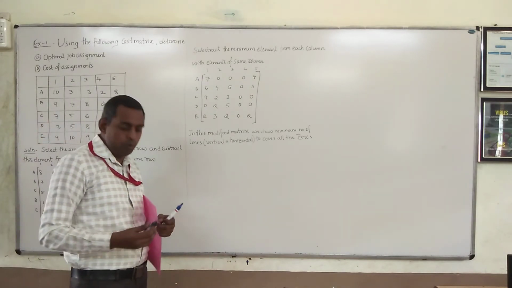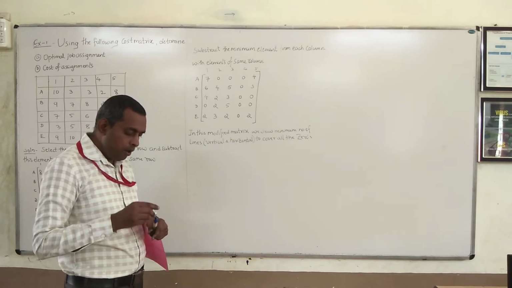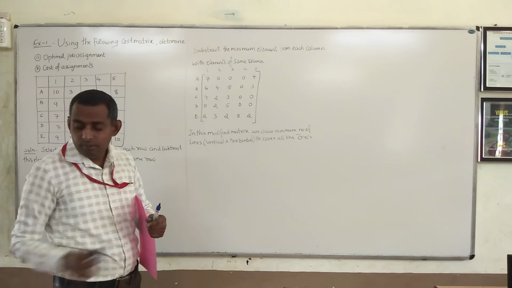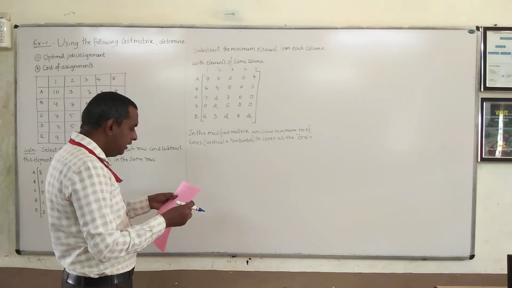So what we have to do here, we have to draw the minimum number of vertical and horizontal lines, fine, such that they cover all the zeros in the table.